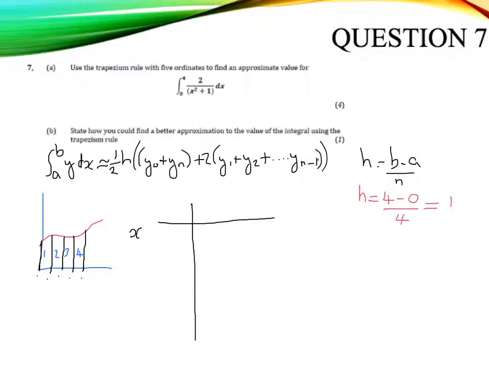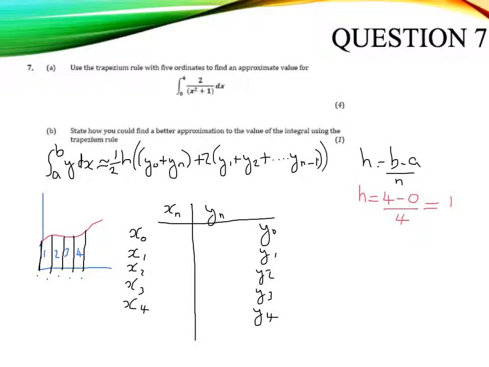So we've got x0, x1, x2, x3, x4, 1, 2, 3, 4, 5 ordinates. We've then got these are our x values here. We've then got the corresponding y values that are coming out down here, which are going to be y0, y1, y2, y3 and y4.